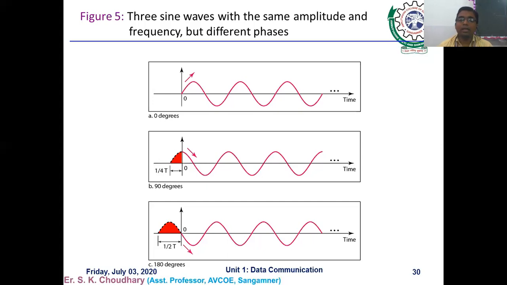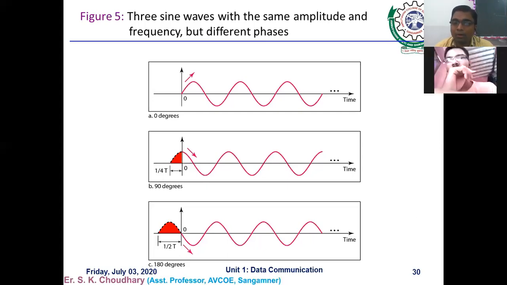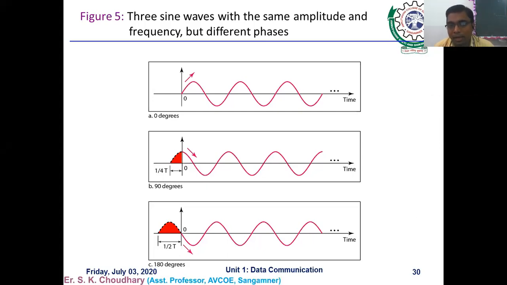We know that one complete cycle is equivalent to 360 degrees. So if 1/4 of that cycle is shifted backward or forward, here it is shifted backward, it is called the offset. So 360 upon 4 is 90 degree. So a 90 degree phase shift occurs.